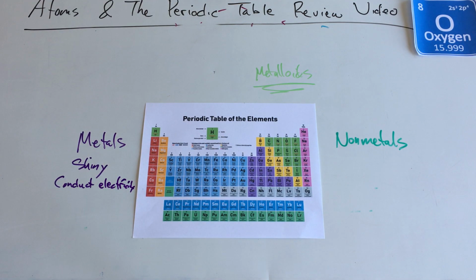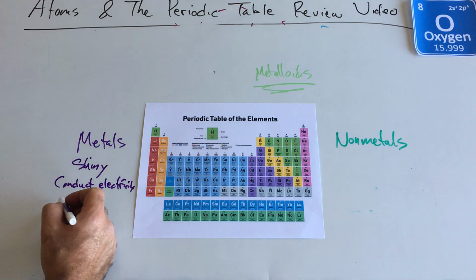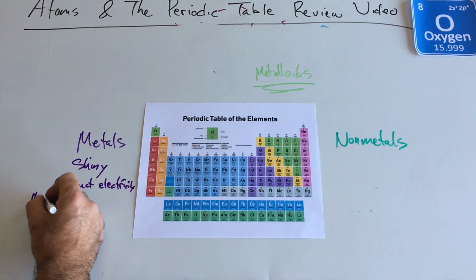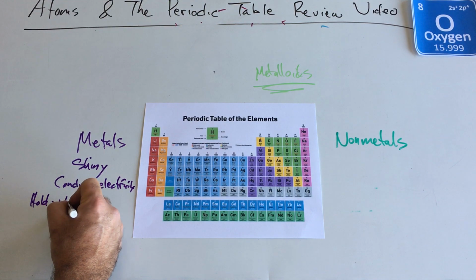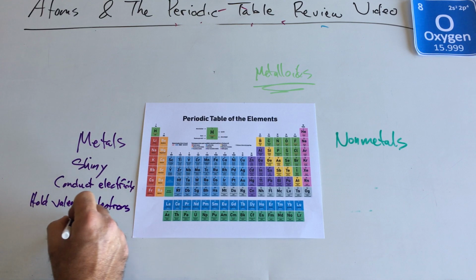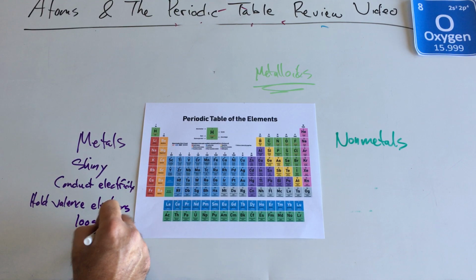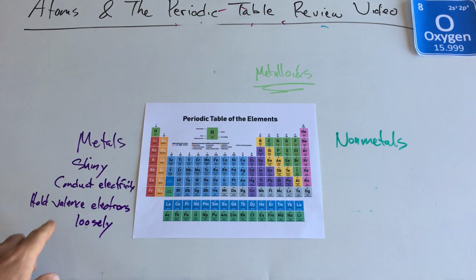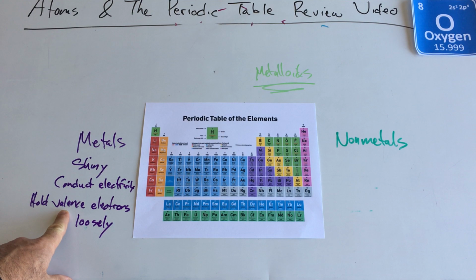Right? And coming into play in the next video, they hold valence electrons loosely. Now, valence electrons are the electrons that are on the outermost energy level.